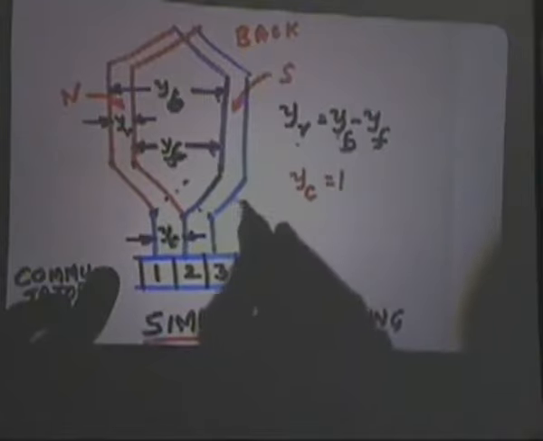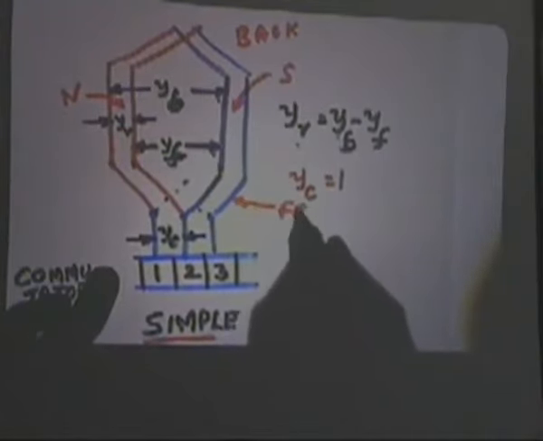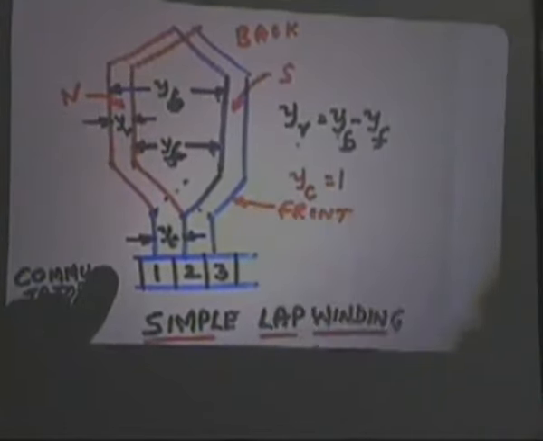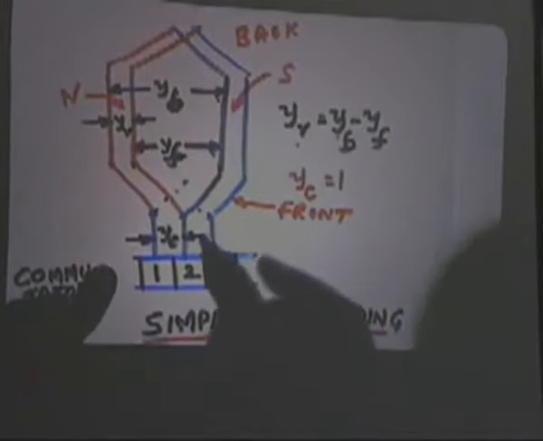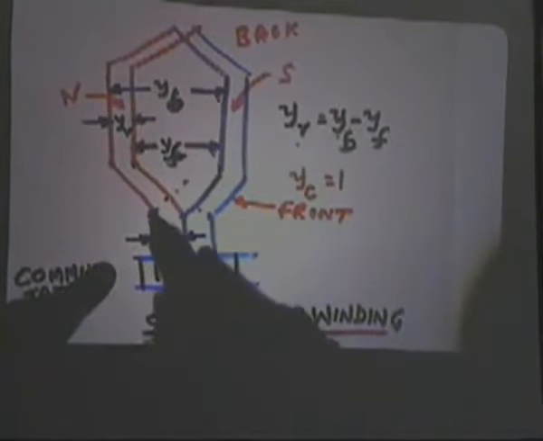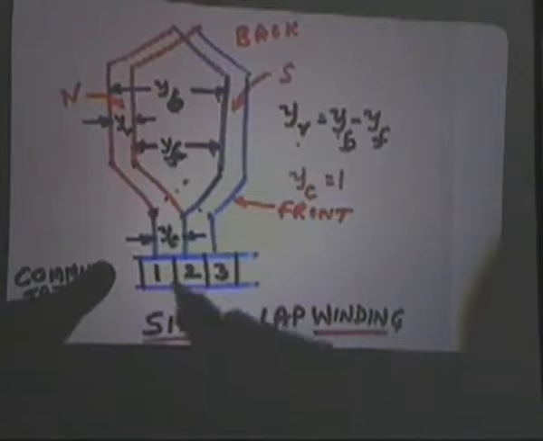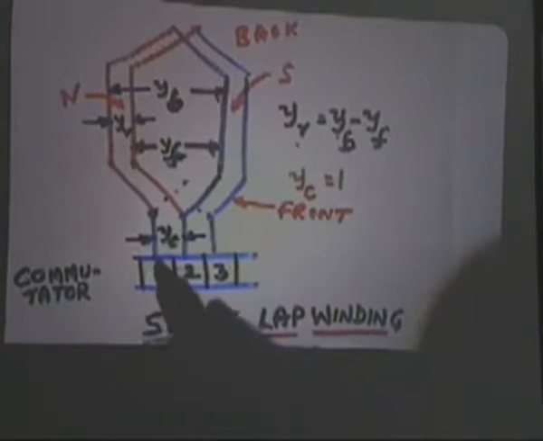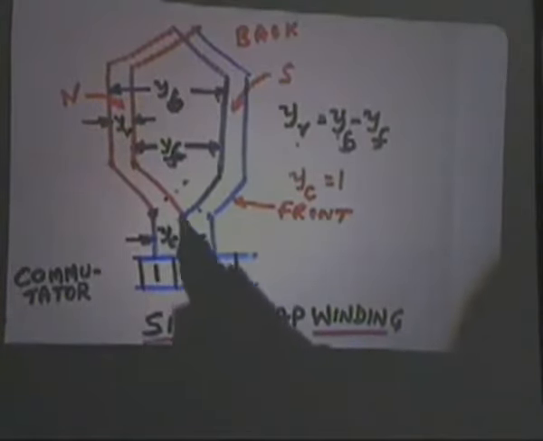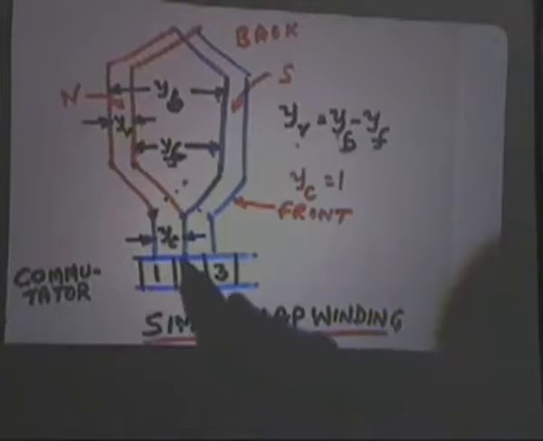So this is the front side, and you will see that one coil at the start of the coil side is connected to commutator 1, and the next coil side, that is the subsequent coil, is connected to commutator 2.